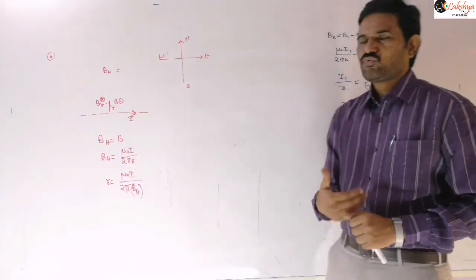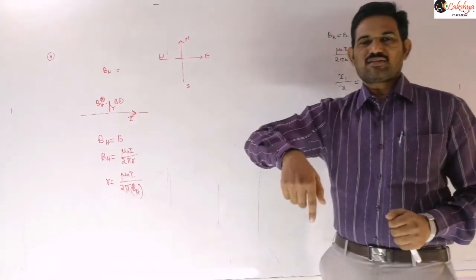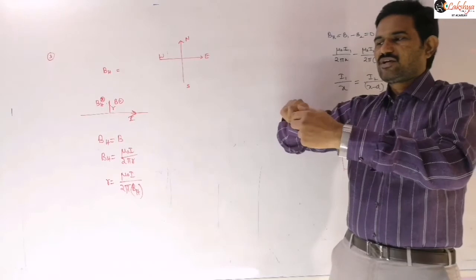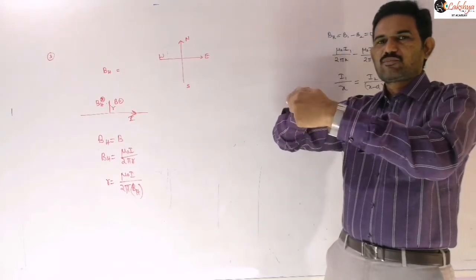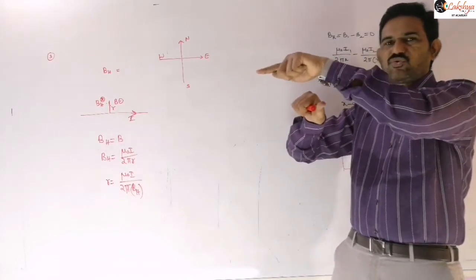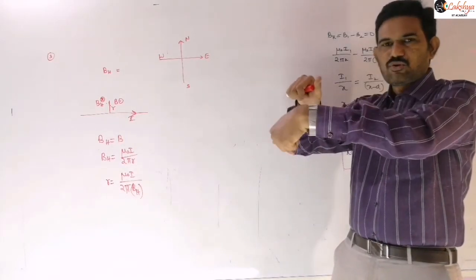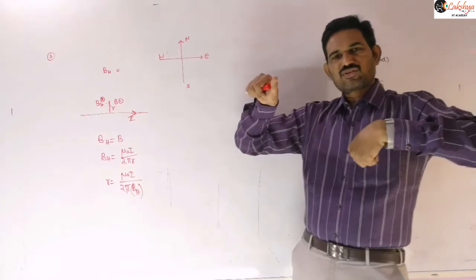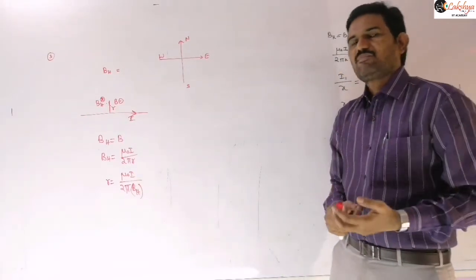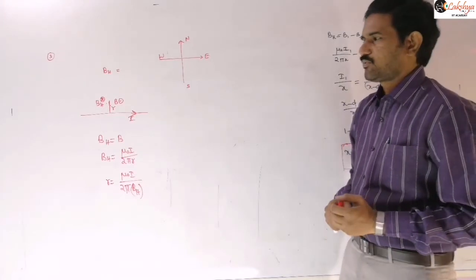When the current is flowing towards west, you will get exactly the reverse case. At a point above the conductor, the magnetic field will be towards north, and at a point below the conductor, it will be towards south, which is exactly opposite to that of BH. So at the same distance you get the neutral point, right?